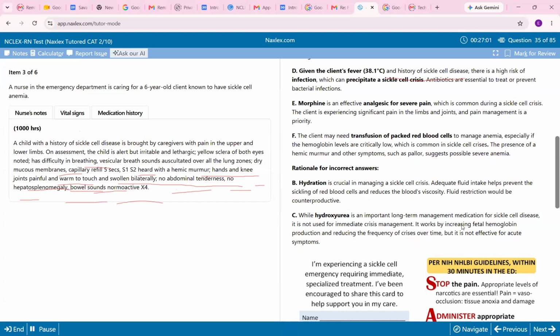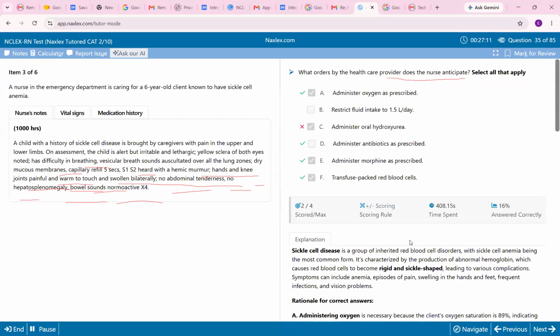It works by increasing fetal hemoglobin production and reducing the frequency of crisis over time, but it is not effective for acute symptoms. Okay, got new information: hydroxyurea is a treatment for sickle cell anemia, but it is not used on an immediate basis.